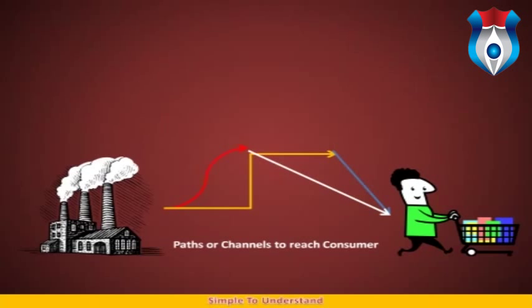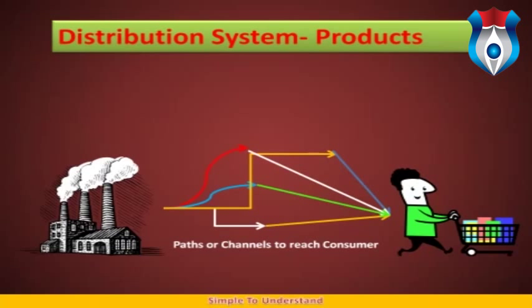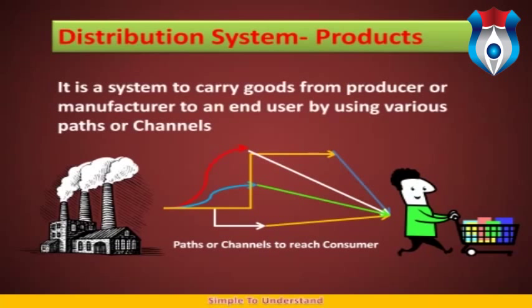And there are various paths to reach to a consumer. Now this is called distribution system. So what is distribution system? It is a system to carry goods from producer or manufacturer to an end user by using various paths or channels.